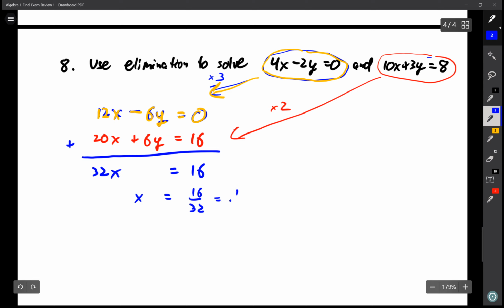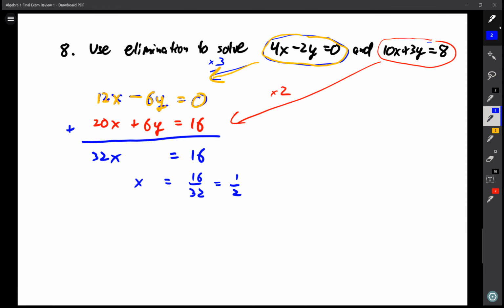Now I can pick either one of my original equations and substitute 1/2 in for x, and I can go from there. So let's see what we get. I'm going to go with the first equation. It looks a little bit nicer to deal with. So let's do 4 times 1/2, because that's what x is, minus 2y equals 0. So this is 2 minus 2y equals 0.